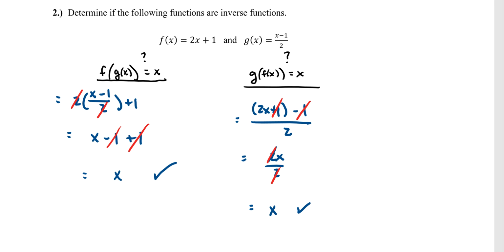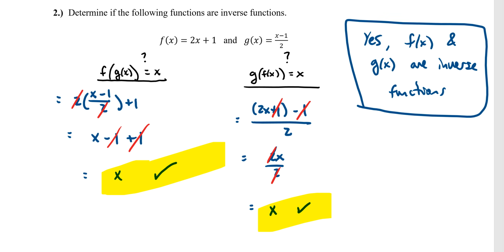So since when we plugged one function into the other one, they both simplified to just x, yes, these are inverse functions. So if you got anything other than x, if you got 2x, if you got 3x, if you got x minus 7, if you got literally anything other than x, then they would not be inverse functions.